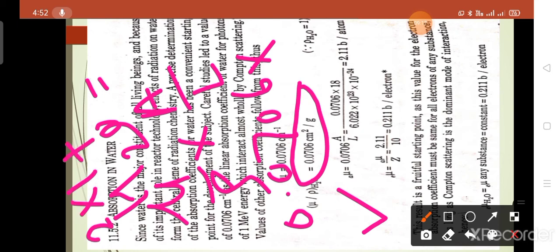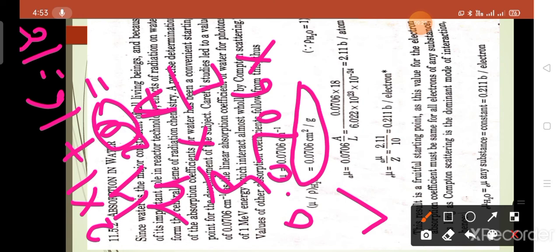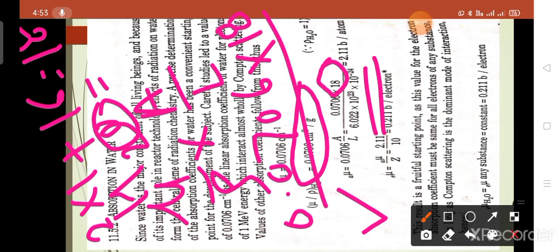In H2O, 2H means 2 into 1 is equal to 2, plus O, the mass of oxygen, is 16, so the atomic mass of the water molecule is 18. That's why 18 is taken, divided by the Avogadro number, and we got the answer 2.11 barn per atom.